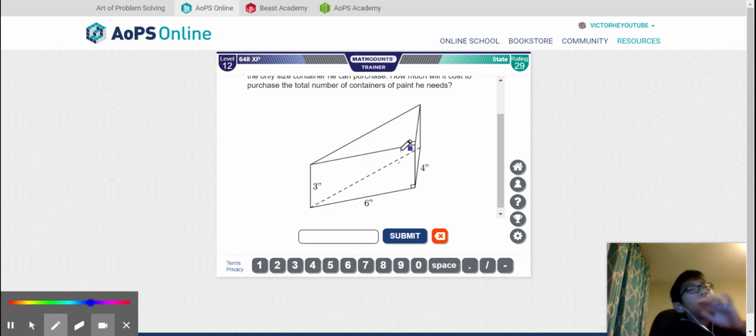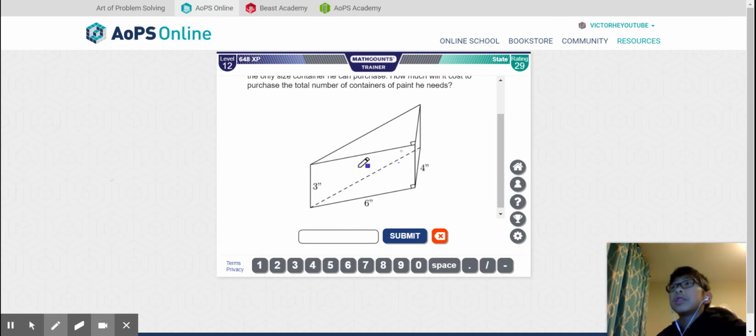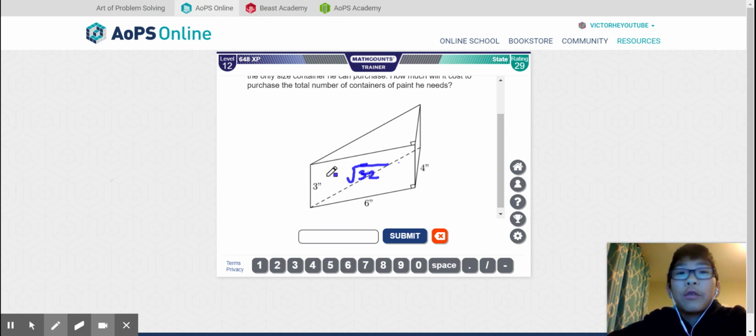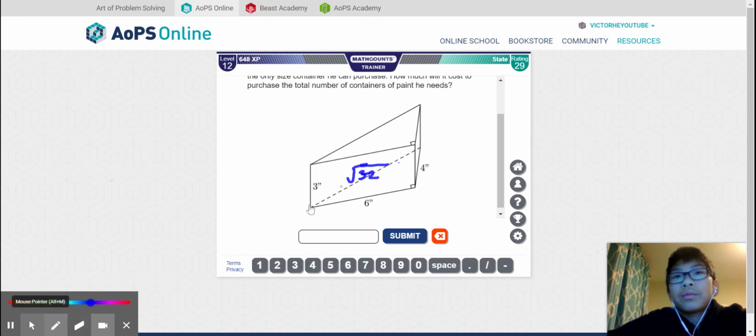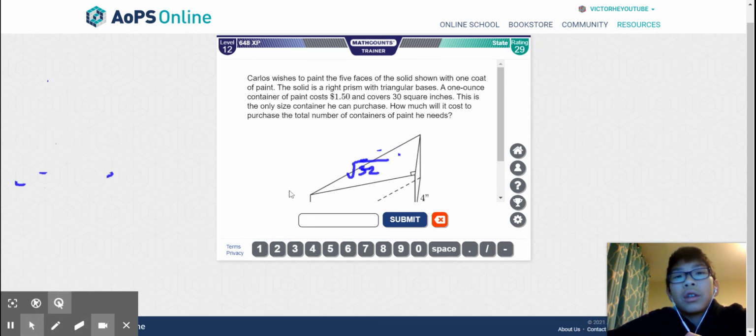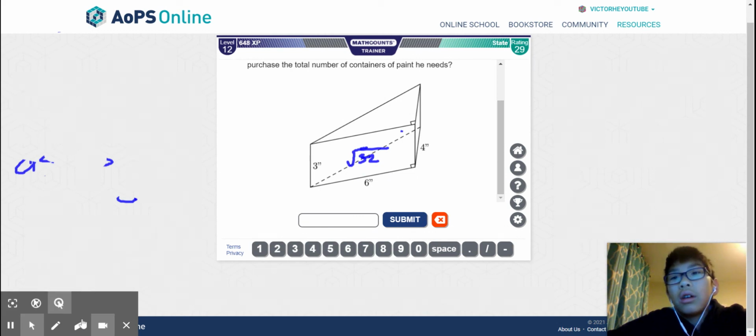If we use the Pythagorean Theorem, we have 36 plus 16, which is 52, square root 52. So this dotted line is square root 52. That honestly looks like 32, but let's just say this is 52. So that means the backside is 3 times, let me erase this quickly.